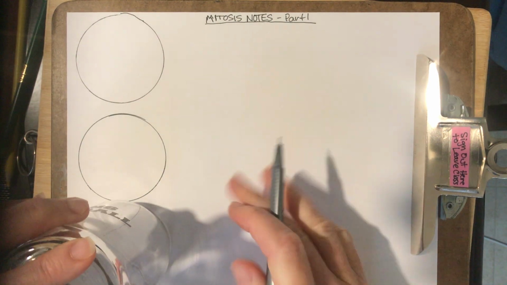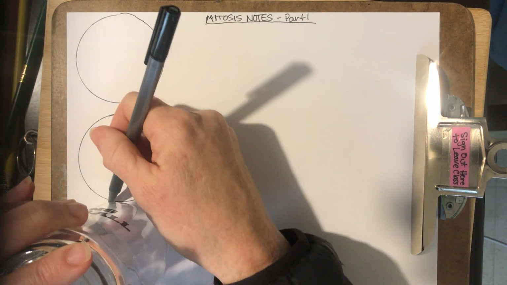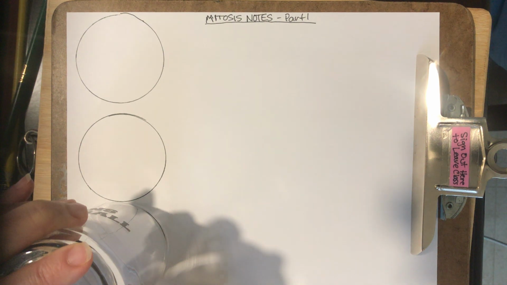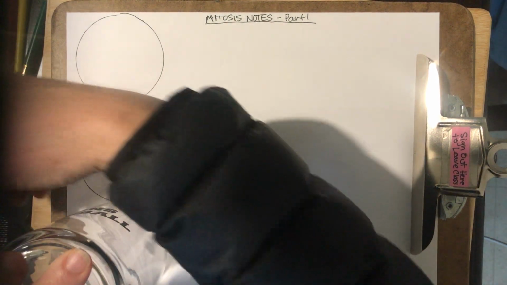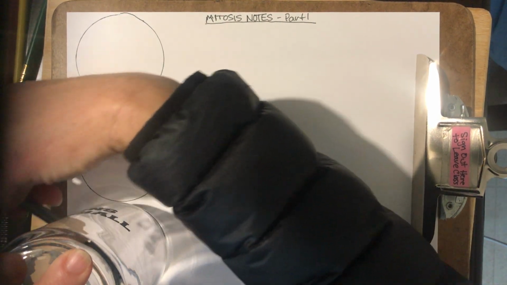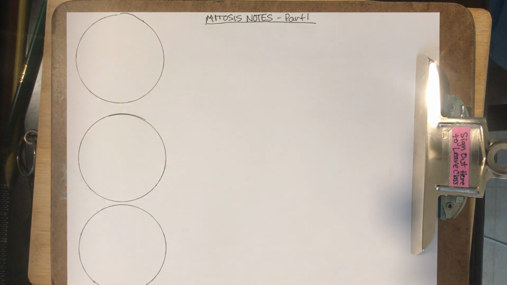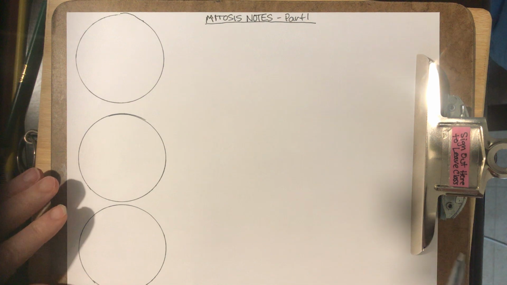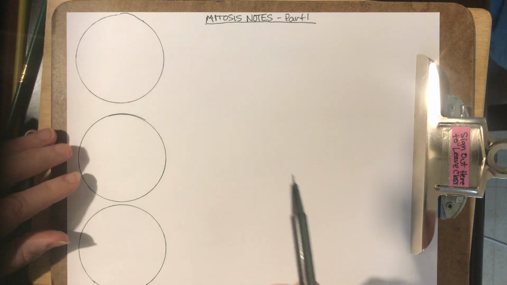And my third one at the bottom. Okay, there we go. So if you need more time, pause the video and then turn it back on when you get caught up.